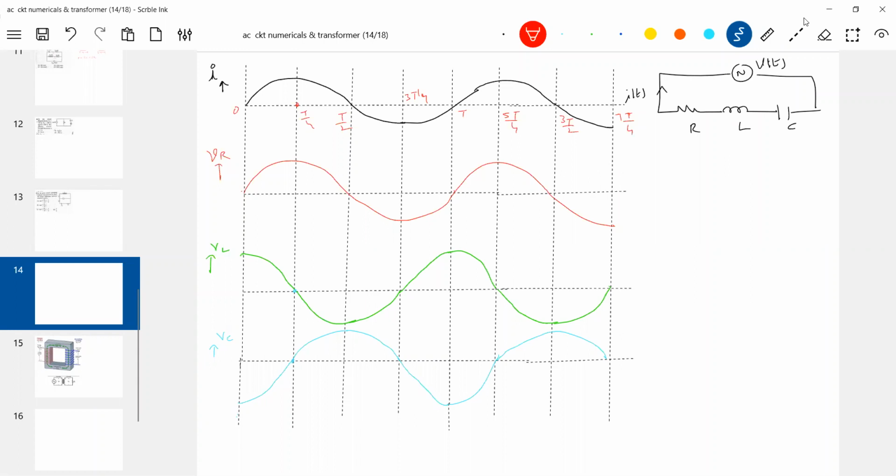If you go for one more quarter cycle, it becomes 2T. This is about the cycle. So let's compare at t equal to 0, this is the thing. At t equal to T by 4, 1/4 of the cycle, look at the drop across inductor and capacitor. It will be 0, no? They will test you with questions of this kind in exams, especially as an option.